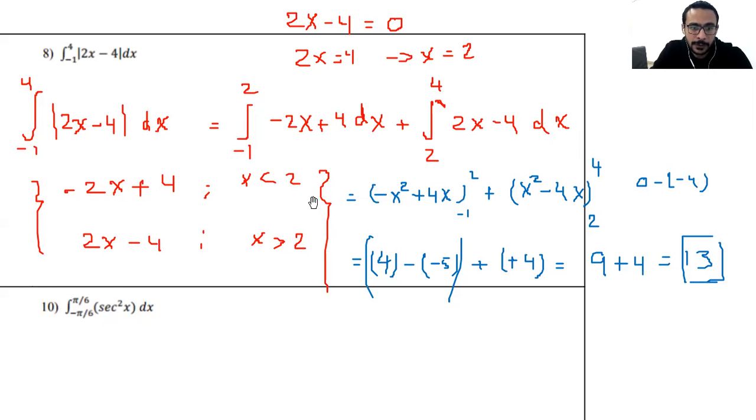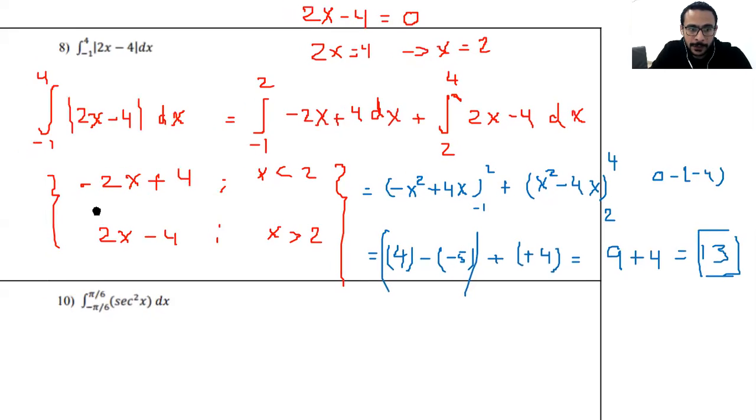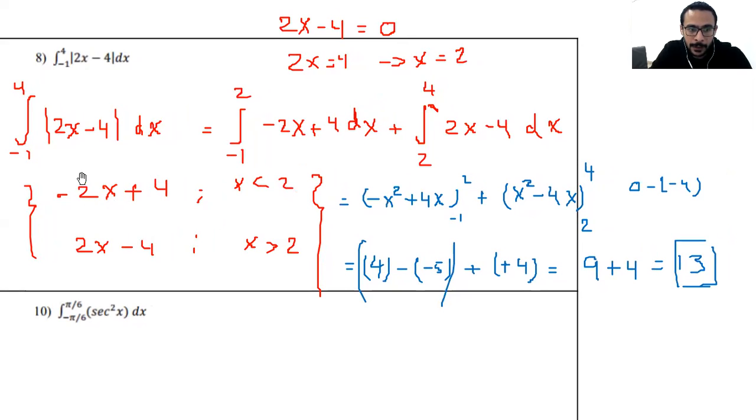You have to redefine the function: negative 2x plus 4 for all x less than 2, and 2x minus 4 for all x greater than 2. You should split your integral into two parts, the first from negative 1 to the turning point 2, and then from 2 to 4, and evaluate each one separately. Any question?